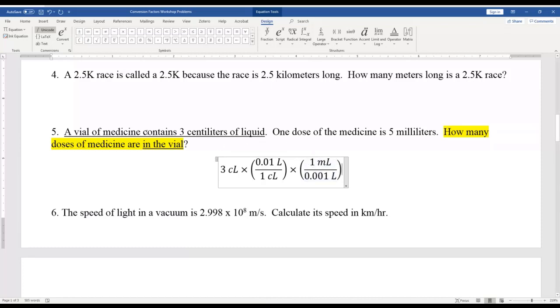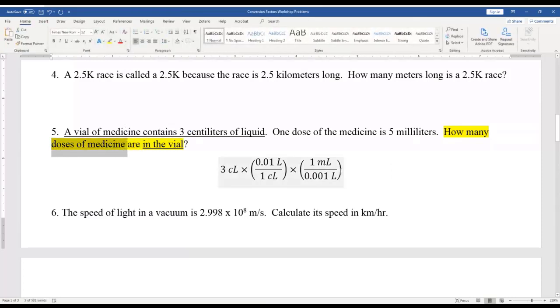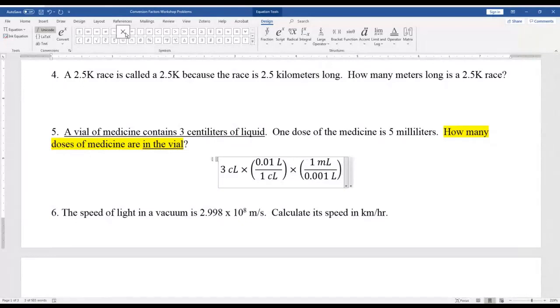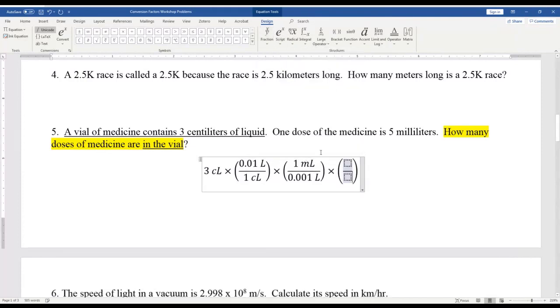But we're not done yet because we're actually looking for the doses of medicine, right? So we have to do at least one more conversion. I'm going to go ahead and write the last conversion factor. Now, what unit's going to go on the bottom here? Milliliters, very good. And what unit goes on top?